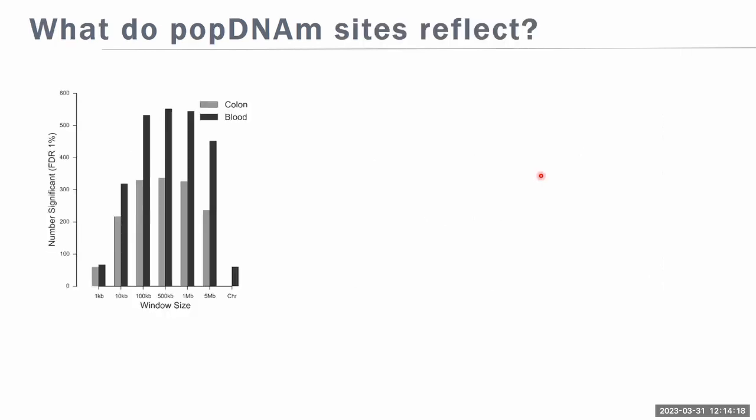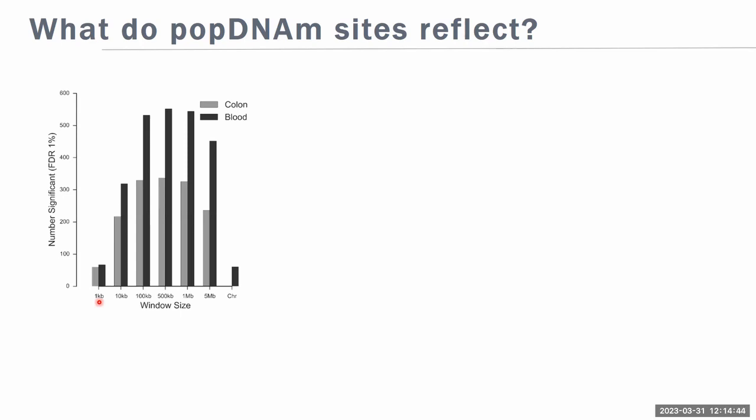If we look at how many of these sites we find with respect to window size, the first thing to notice is this maybe unexpected rise and then fall in the number as you increase the window size. This is largely an artifact of the fact that small windows are less likely to contain SNPs in them.